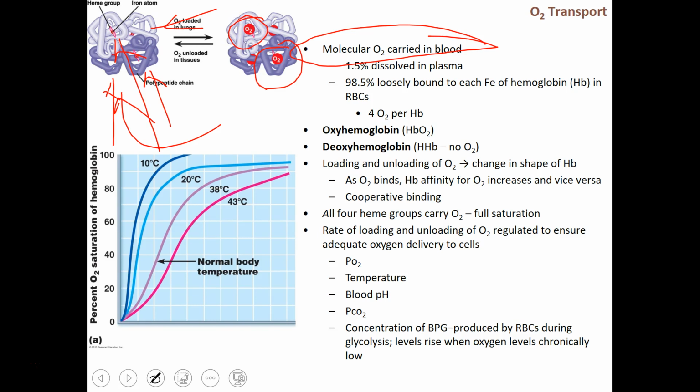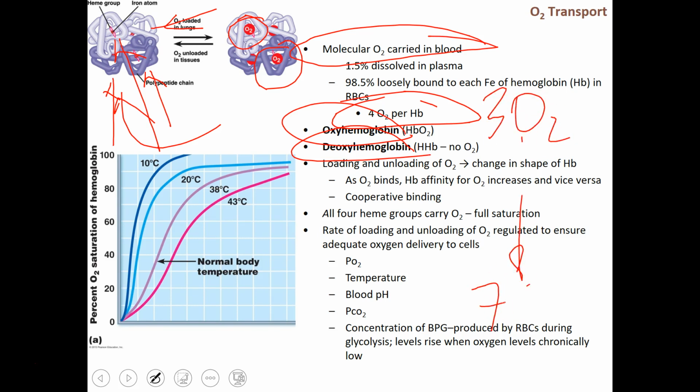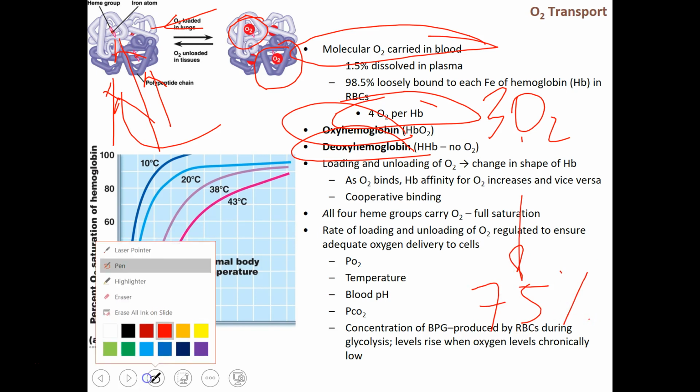So in total, 1 molecule of hemoglobin can carry 4 molecules of oxygen. When hemoglobin binds oxygen, it becomes oxyhemoglobin. When it unloads oxygen, like a truck, okay, it becomes deoxyhemoglobin. The number of oxygens that are bound to hemoglobin determines its saturation. If there are 3 oxygens, saturation is 75%.